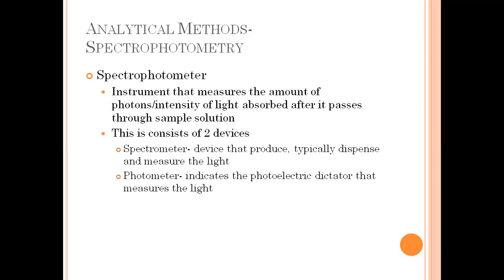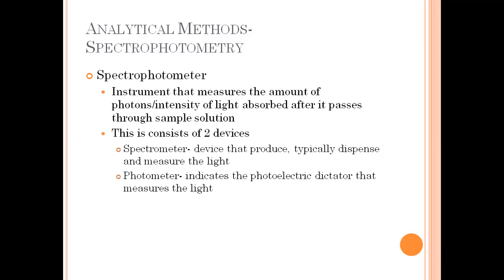The spectrometer is the device that typically disperses and measures the light. The spectrometer produces a wide range of wavelengths of light, and then the collimator or the entrance slit transmits a straight beam of light, the so-called photons, that passes through a monochromator to split it into several component wavelengths. Then a wavelength selector or an exit slit transmits only the desired wavelength.